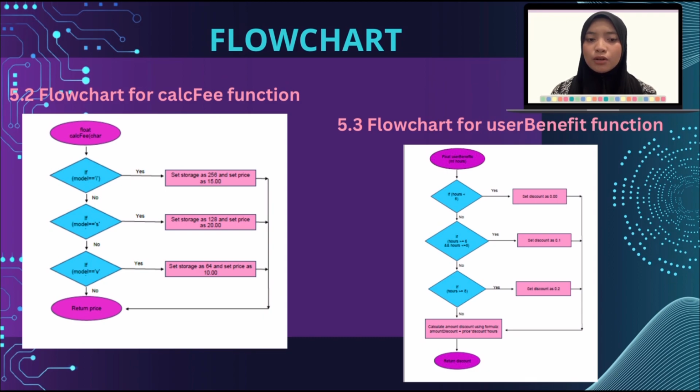But if the hours entered is more than or equal to 6 and less than or equal to 8, then the discount will be set as 0.1. But if the hours entered is more than or equal to 8, then the discount will be set as 0.2. Then the program will continue to calculate the amount discount using the formula amount discount equals price times discount times hours. Then the program will return the discount to the main function.